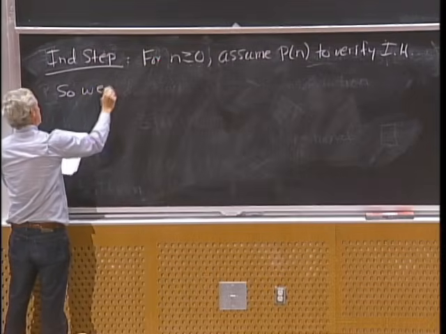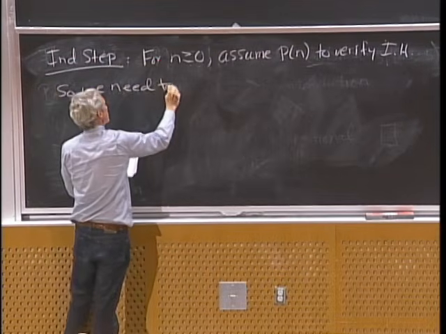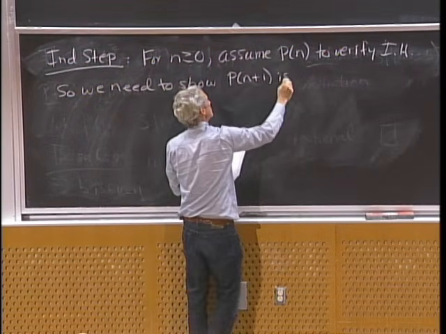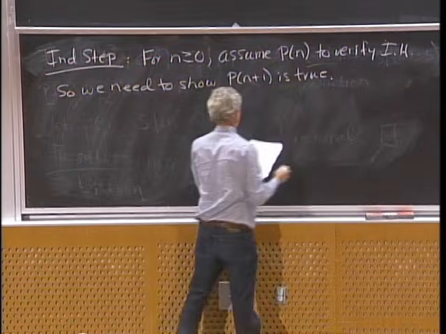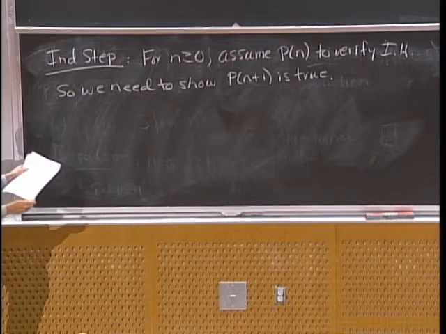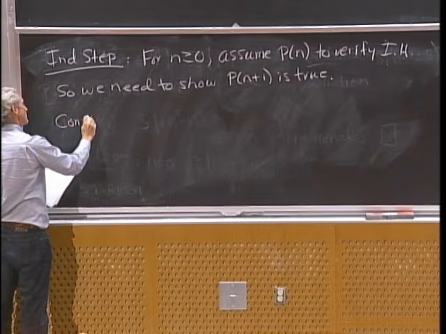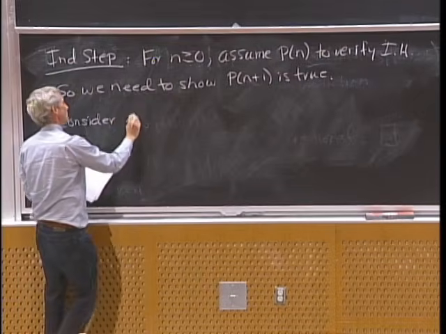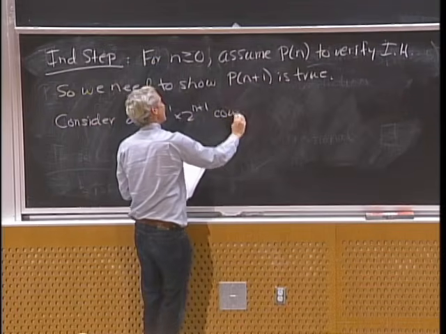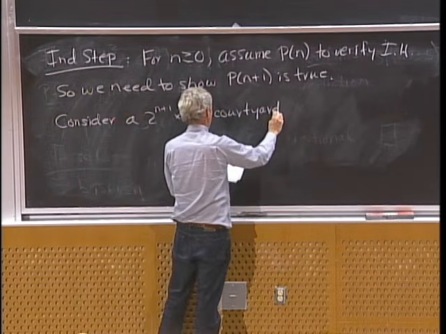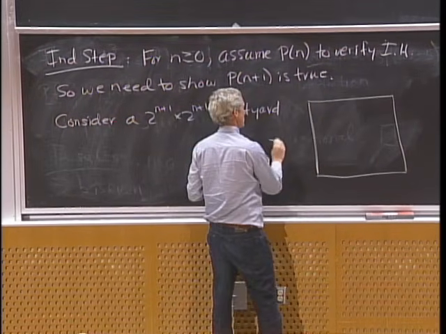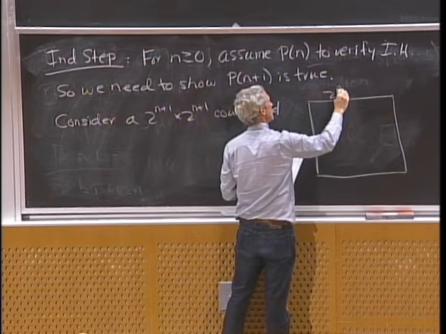So we need to show Pn plus 1 is true. Let's look at a 2 to the n plus 1 by 2 to the n plus 1 courtyard. Let's draw it out here.